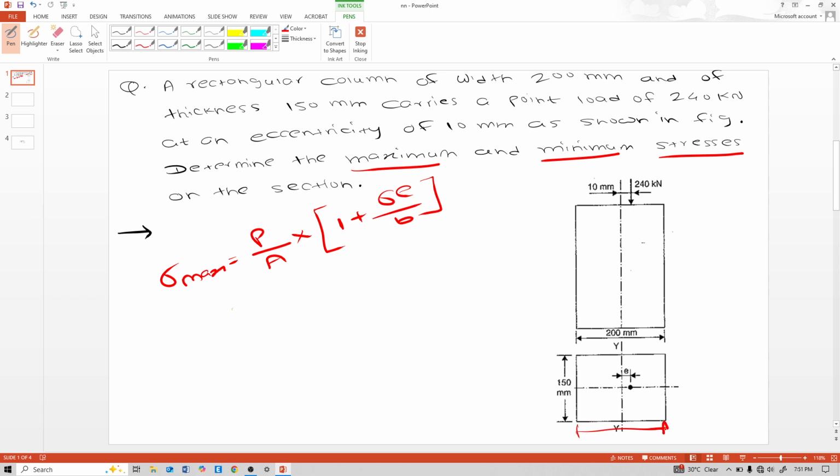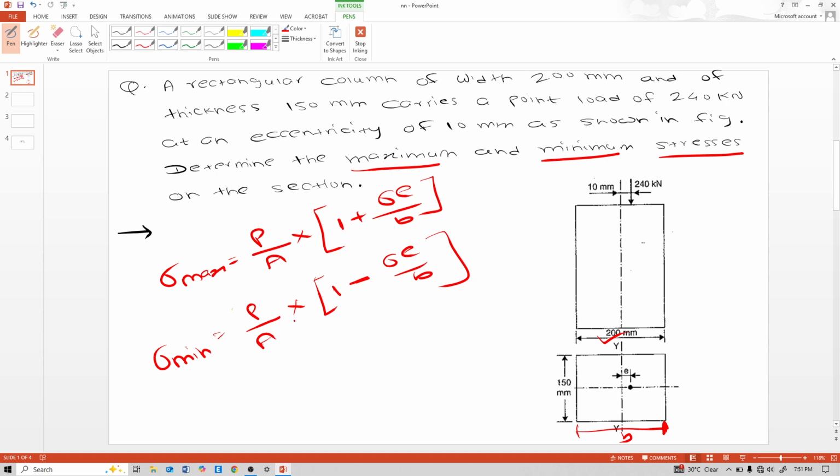Width is nothing but this B, that means this 200. Our other objective is sigma minimum, P by A into 1 minus 6e by B. Everything is similar, only the minus sign will come here.